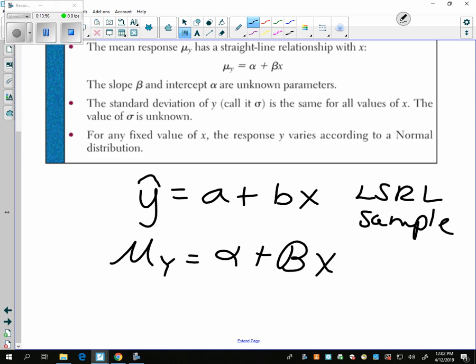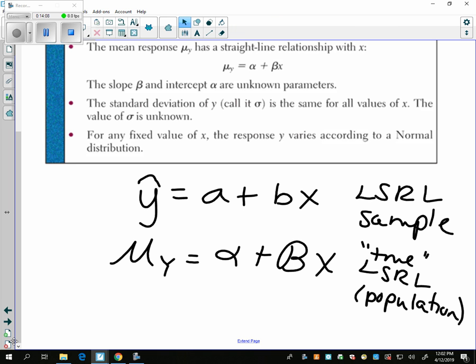And what do you think that is? Yes, this is the true least squares regression line, and this would be from the population. So, like we said before, a and b are statistics.